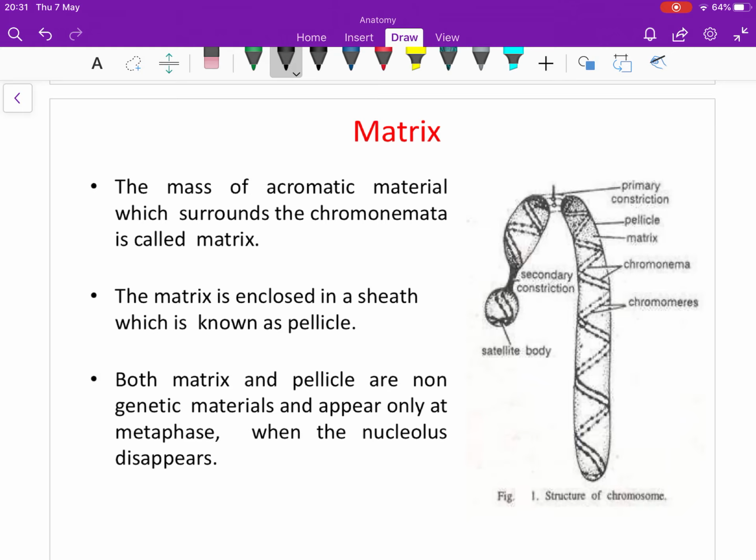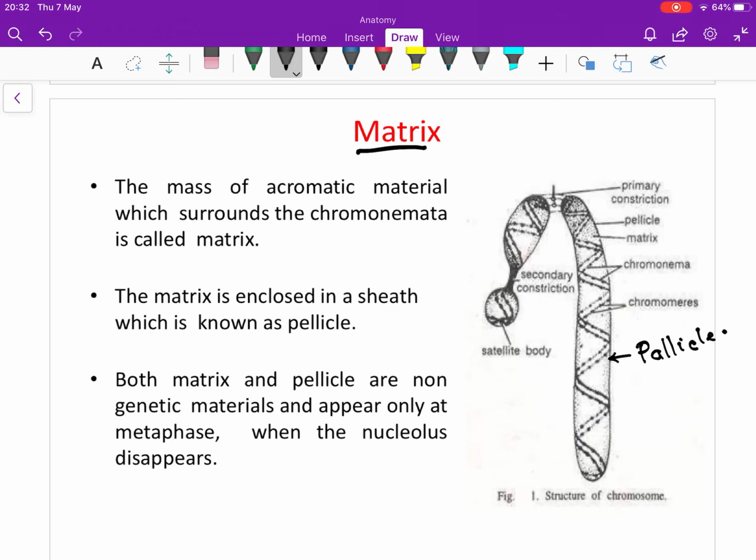And the last part is the matrix. Now, the chromosome is covered by a non-genetic material known as pellicle. The part of the chromosome which is present between the pellicle and the chromonema is known as matrix. This mass of achromatic material is known as matrix.